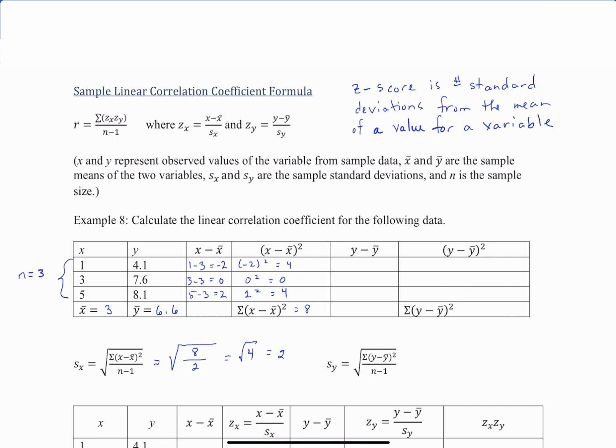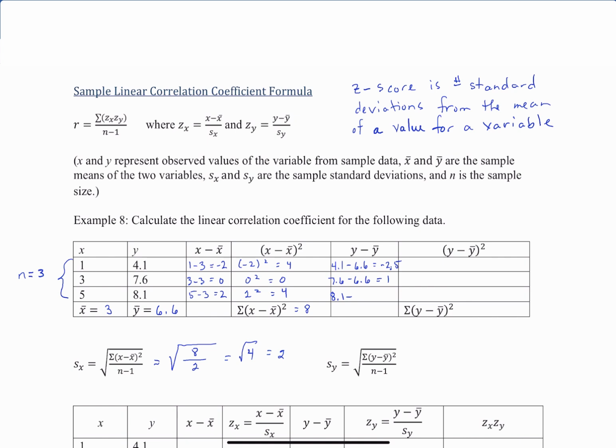Let's do the y values now. My first y value is 4.1. I'm going to subtract the mean of the y values, which was 6.6, and we will get negative 2.5. Going on, the next y value is 7.6. If I subtract 6.6 from that, I get 1. And the last y value is 8.1.